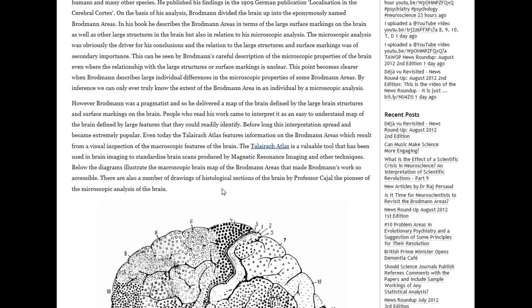That's quite interesting. It suggests that this movement to describe it in relation to the macroscopic features has perhaps led to people in general missing these subtle microscopic features.